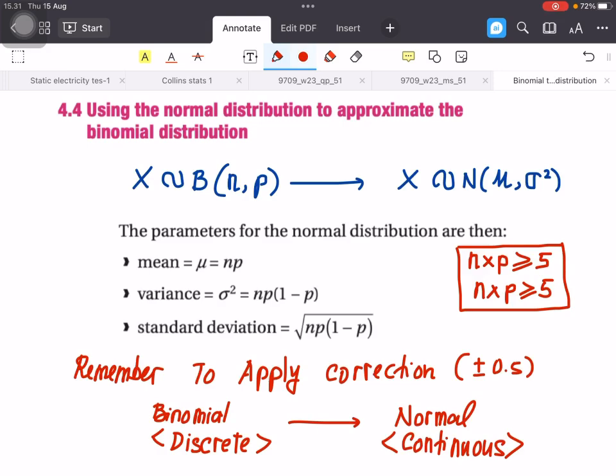The correction here is whether you add or you subtract 0.5. The explanation on when you add and when you subtract 0.5 will be explained using a diagram.